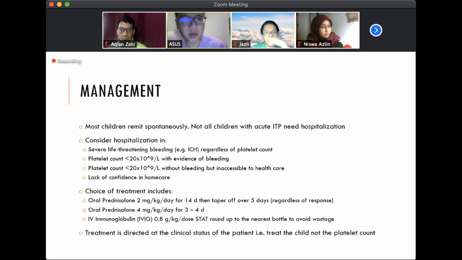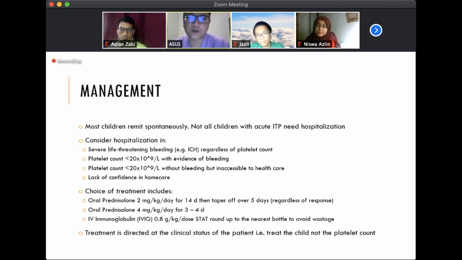Okay. All right. Actually, even though the book says most children remit spontaneously, actually not really, because it will take a while. So it's very important to be alert to ITP that comes again and again to hospital because of relapse or recurrence of the low platelet. Theoretically, if platelet is less than 50, there's of course a high risk of intracranial bleed.